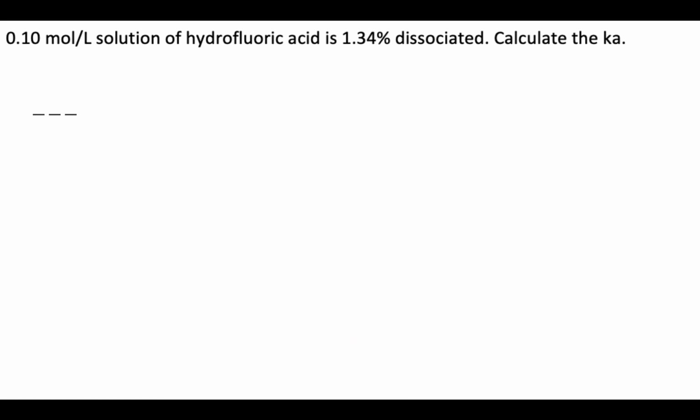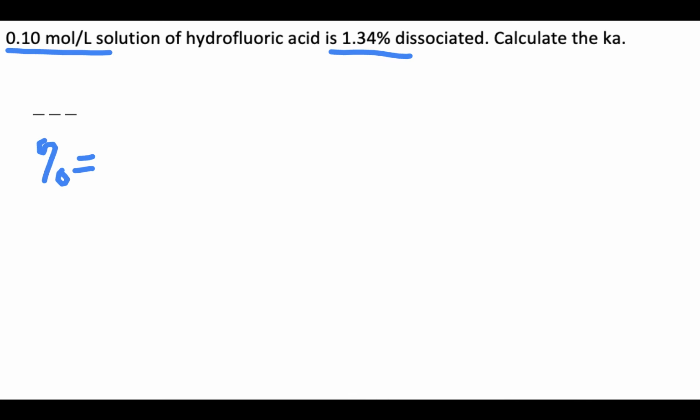So this next one is about percent dissociation or ionization because it is an acid. If you're doing percent dissociation, it is talking about how much of the acid actually is forming hydronium. So in this case, our weak acid is only forming 1.34% of the hydronium, and we're asked to calculate the Ka.